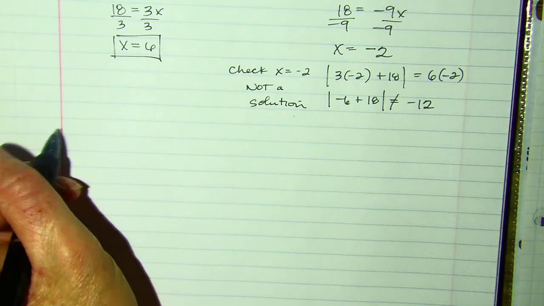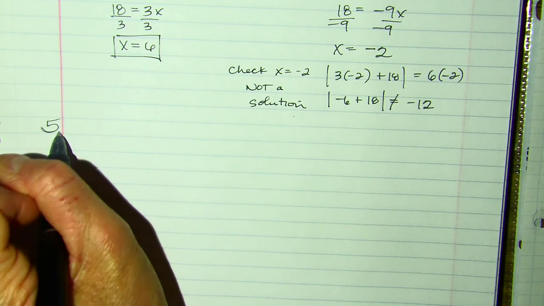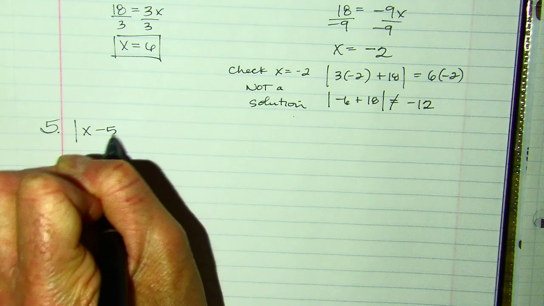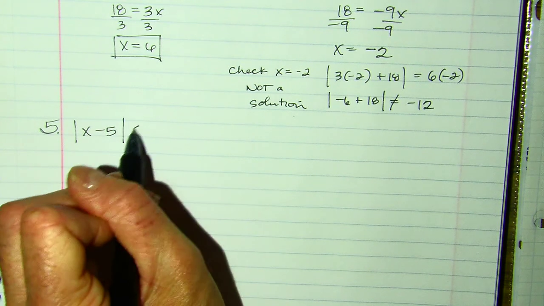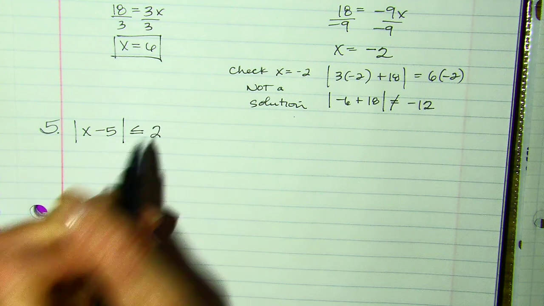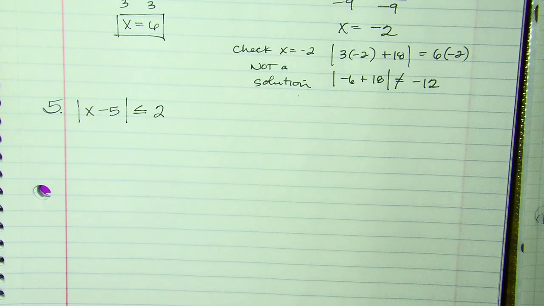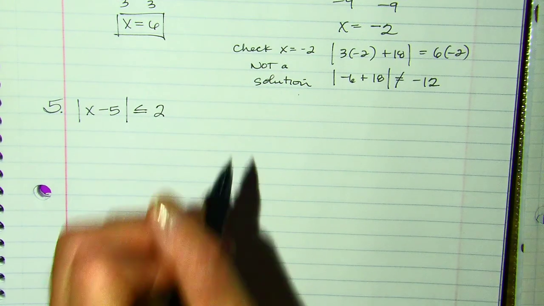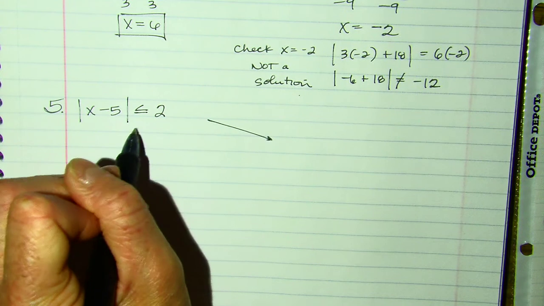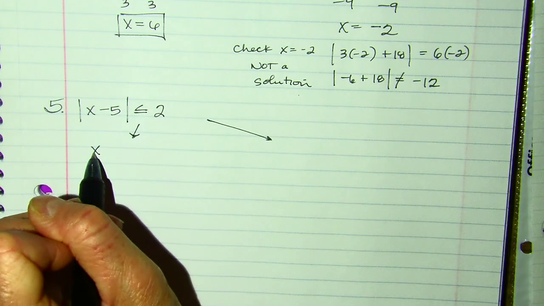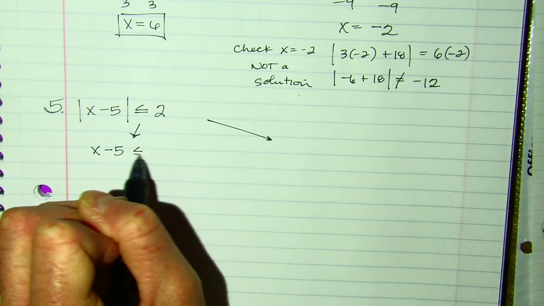So moving on to our inequalities. So you'll notice the difference in these, the absolute value of x minus 5 is less than or equal to 2. Now, the two different equations here are going to look different. So the first equation is x minus 5 is less than or equal to 2.